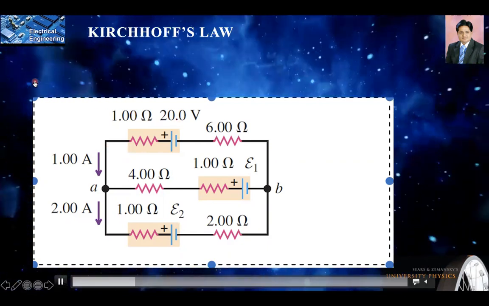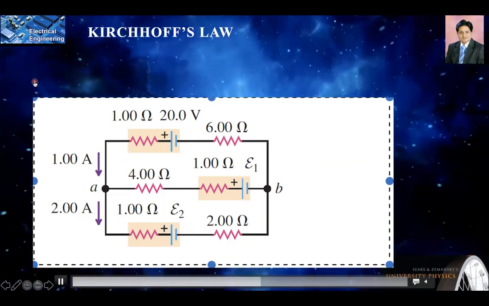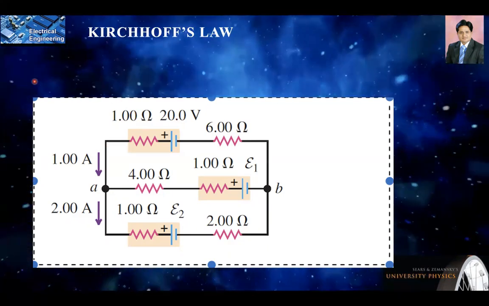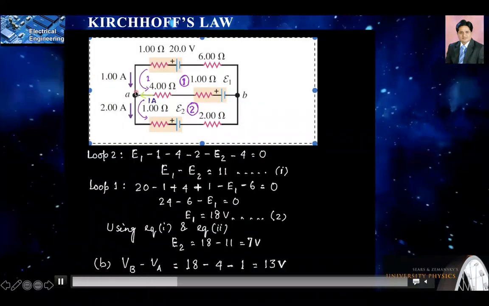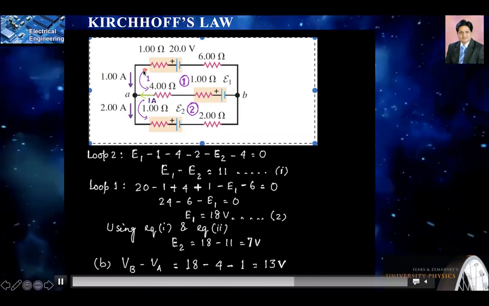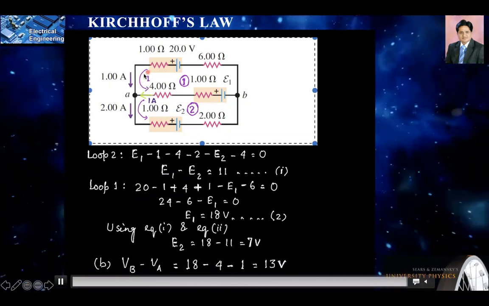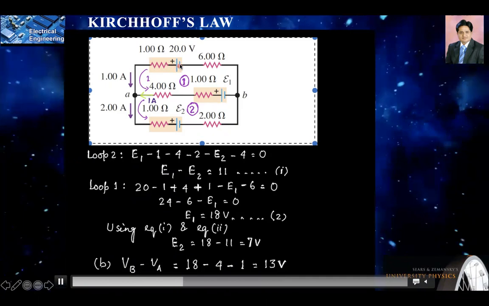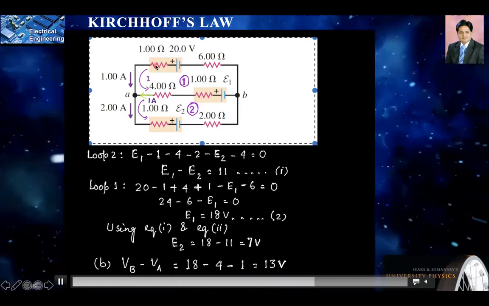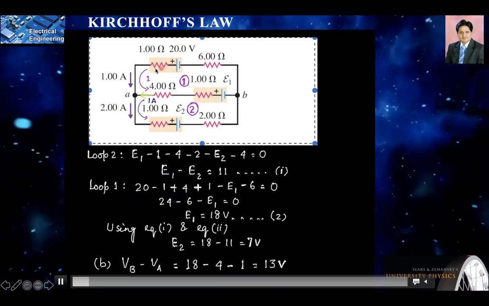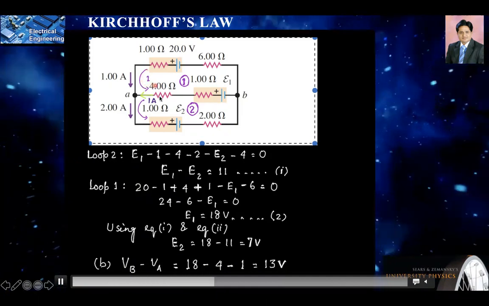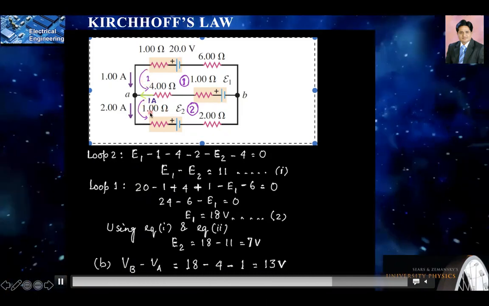Now, if you start solving using Kirchhoff's law, you'll get an equation something like this. So let's talk about loop 1. Let's say this is 20 volts and this is 1 ohm. So you have this as loop 1, and then you have this as loop 2.